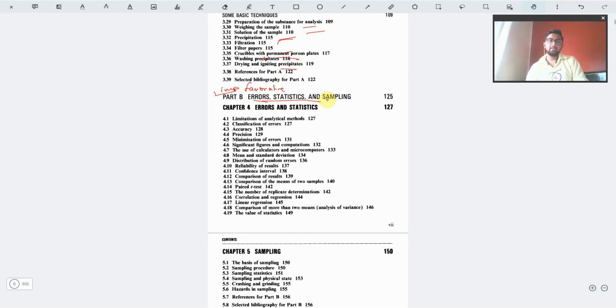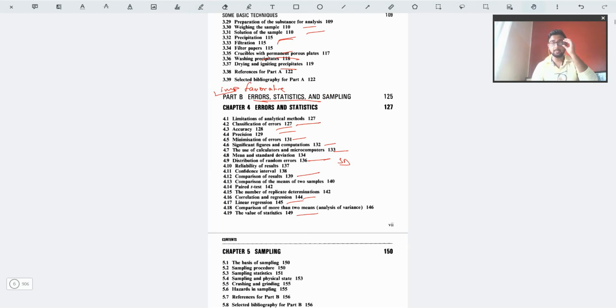Okay. So first of all, we have this classification of errors, accuracy, precision, minimization of errors, significant figures, use of calculators. Then we have distribution of random errors, basically standard deviation. Okay, comparison of result, correlation and regression, linear regression, and the value of statistics. Okay, so you can see that all of these concepts are already done in your lower level.